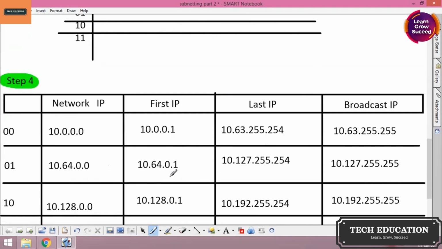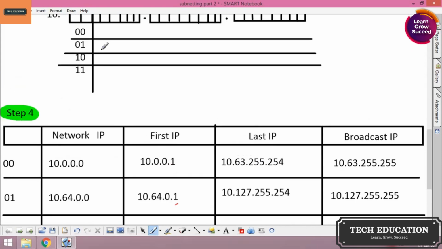And first IP: don't disturb network portions, all host portions apply 0 except the last bit 1. So this side, same, don't disturb network portions, all host portions apply 1. This side also 1 1 1 1. So all host portions apply 1 except the last bit is 0.